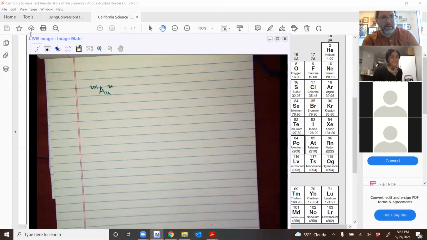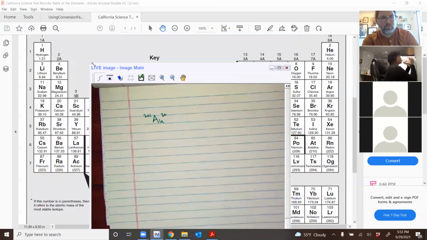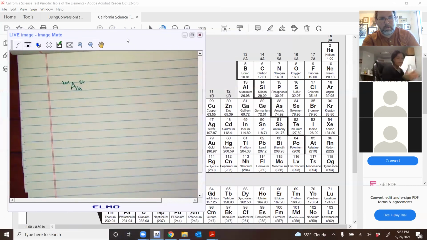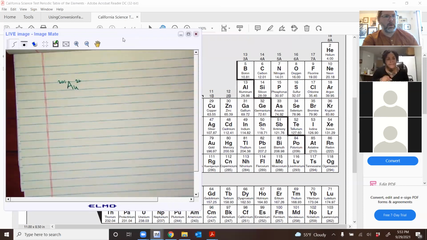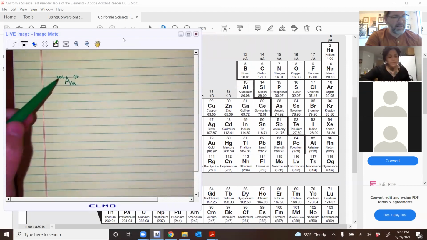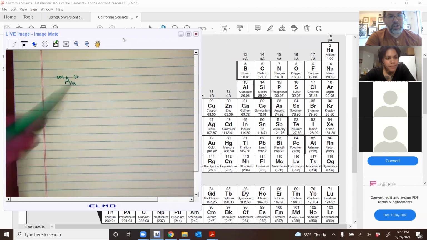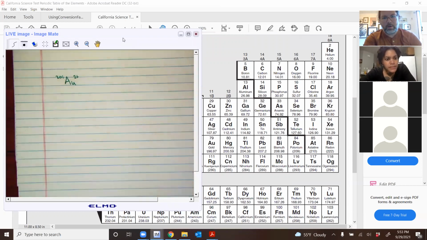I can make this a little smaller so we can see everything. All right, so its mass number is 201. Its charge is +2. And right here is where you see gold on the periodic table. All right, group 1B.